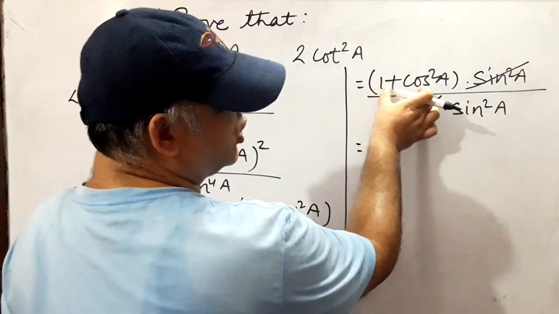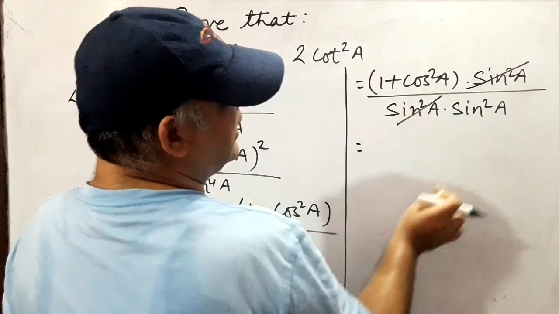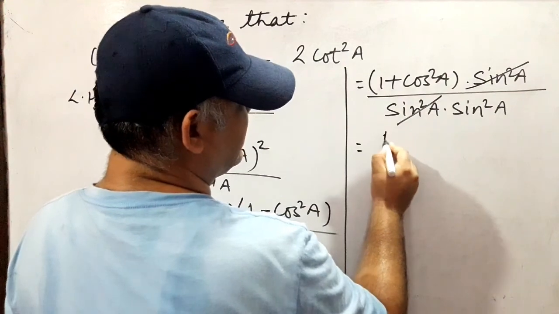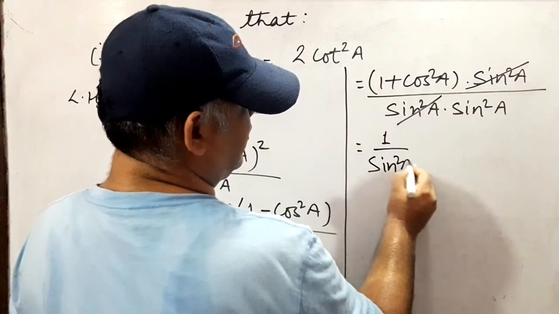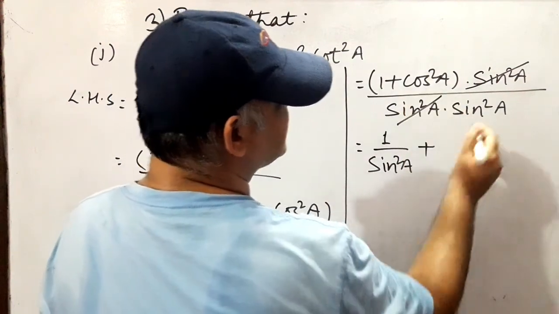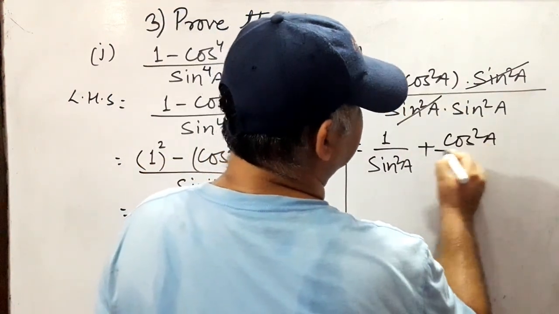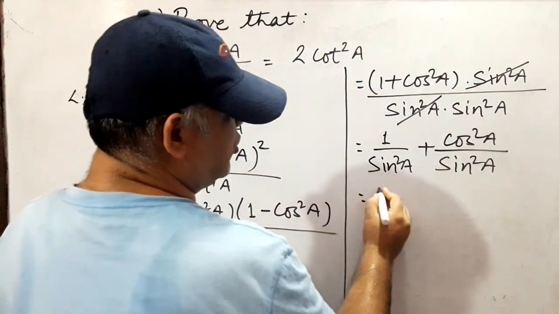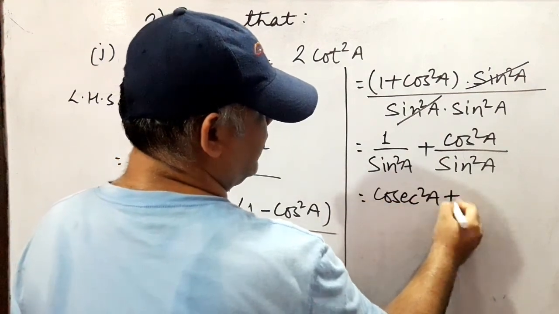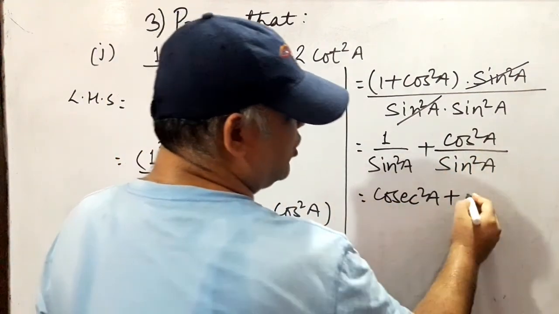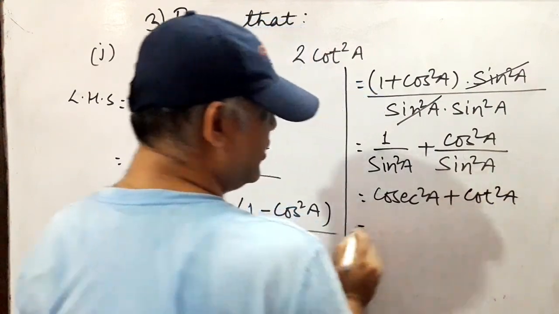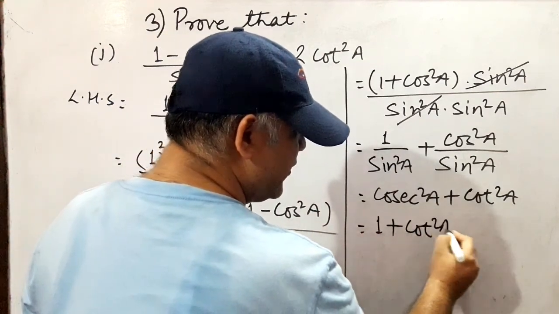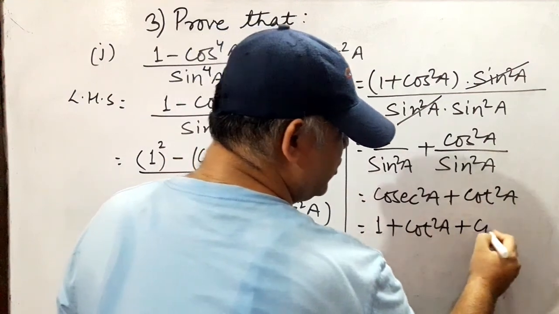Let's separate this 1 plus cos^2 A. When we separate it, sin^2 A is taken by 1 as well as cos^2 A. So 1 by sin^2 A plus cos^2 A by sin^2 A. One by sin^2 A is equal to cosec^2 A. Cos^2 A by sin^2 A is equal to cot^2 A. Cosec^2 A can be written as 1 plus cot^2 A, plus we have another cot^2 A together.